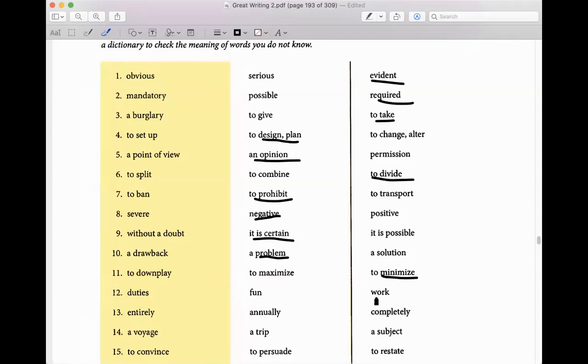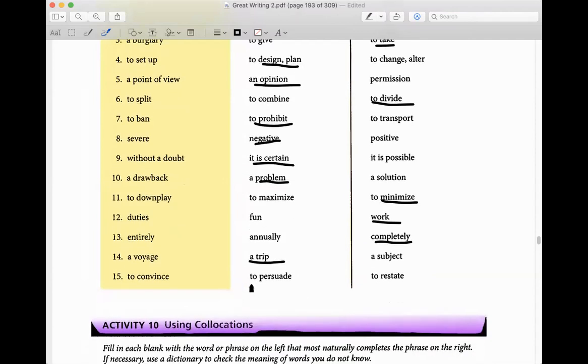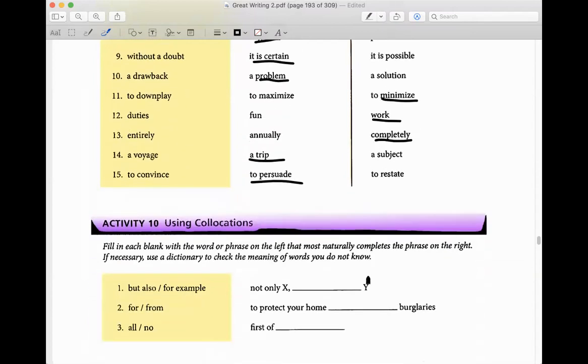Duties are things that you have to do for work. If something is entirely, that's completely, totally is another word for that. Voyage is a long trip. And if you want to convince someone, you need to persuade the person.